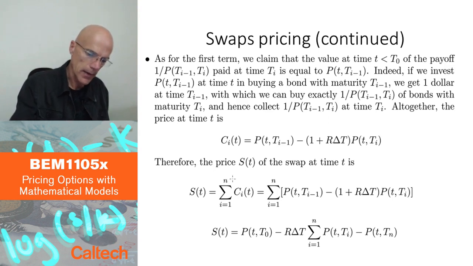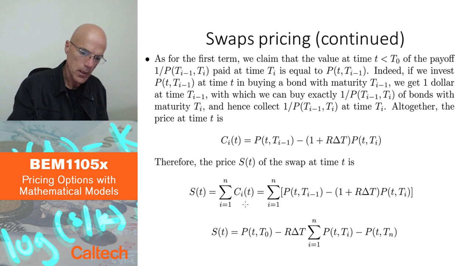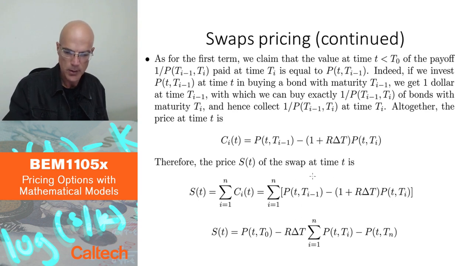Let's say there are n payment times and periods. So the price S of t of a swap is going to be the summation of all these prices from i equals 1 to n. I just put this formula in here and sum them all.